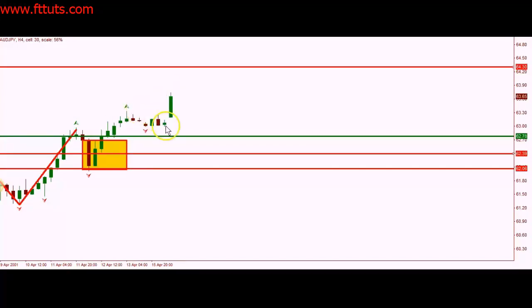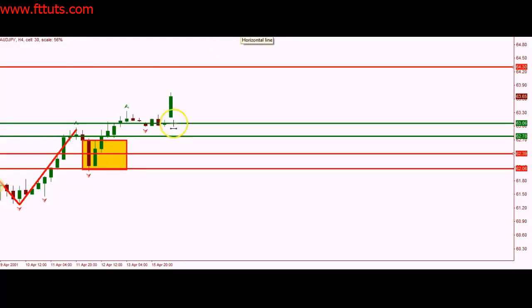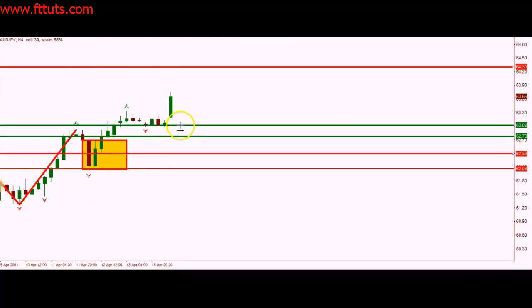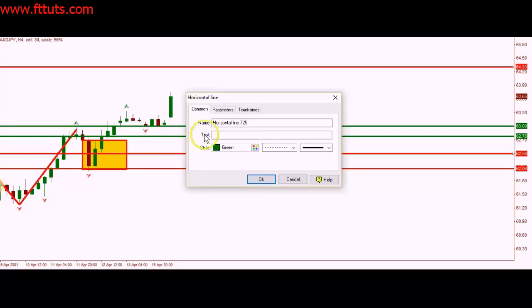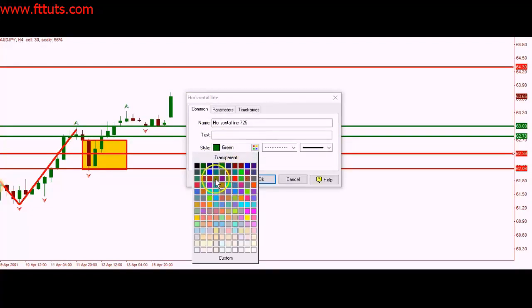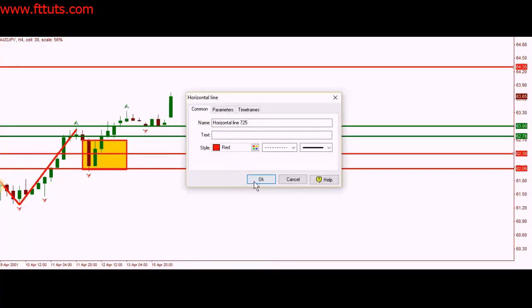So I'm kind of worried about this area because you could see this was indecision, but then we gapped up through that level. So we always want to stay tight. We don't want to let the market come back down below these levels here. But you could see this market made a nice move, and you had nice profit here. So I stay a couple candles behind and make sure I have my stop loss set. So that would be my stop loss, and we would have been into a good trade.